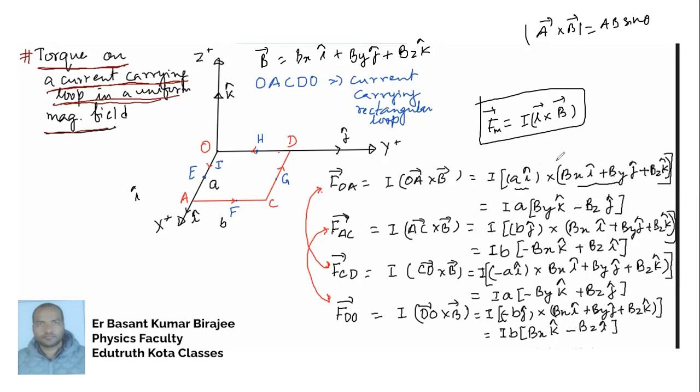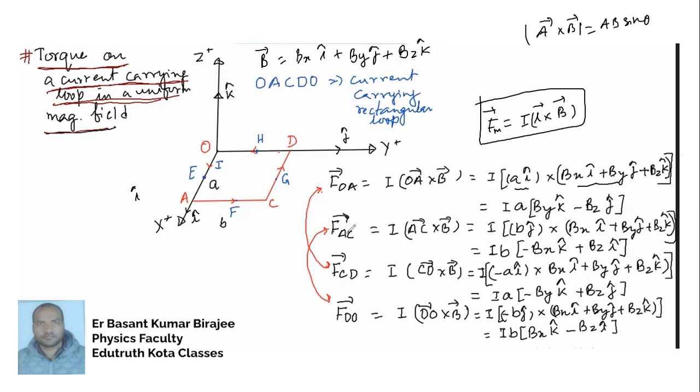Similarly, you find the cross product of i with the last term. i cross k is minus j. That's why here you will have IA, we have put outside, so you will have Bz and j. i cross k is minus j. That's why we have minus here.